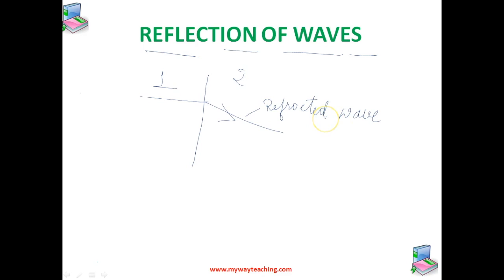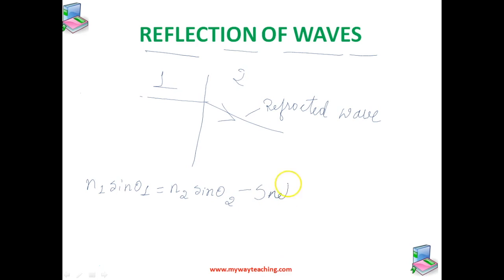The incident and refracted waves obey Snell's law of refraction. We know Snell's law, right? n1 sine theta 1 is equal to n2 sine theta 2, where n1 and n2 are the refractive indices of medium 1 and medium 2.